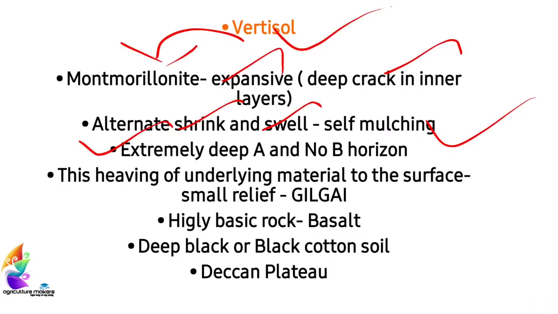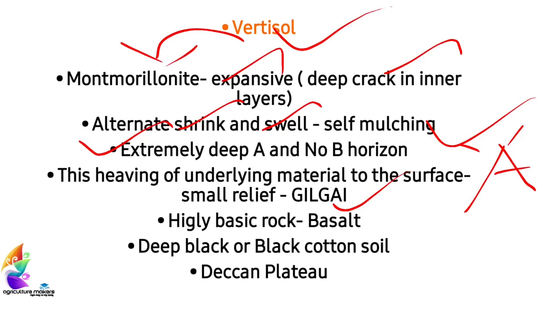Similar to the entisol, vertisol also contains only A horizon and there is no B horizon, but the A horizon is said to be extremely deep in case of this vertisol due to the self-mulching property of the montmorillonite. And due to the heaving of the underlying material to the surface of this vertisol order, a small relief is formed and it is referred to as gilgai.